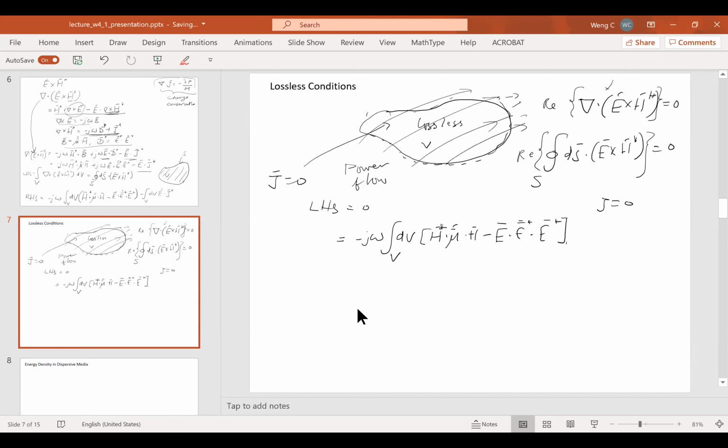What it means is that the Poynting vector need not necessarily time integrate to zero, but the time average power flow should integrate to zero because power is conserved. Whatever goes in must come out. So this should be time average power flow.